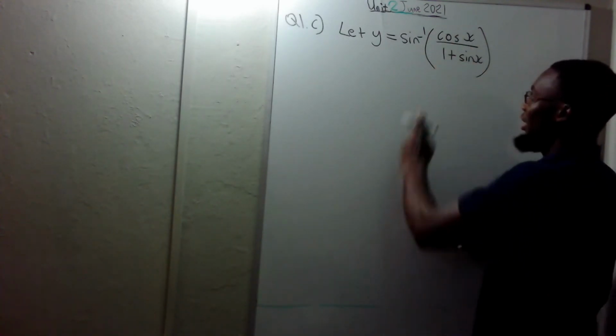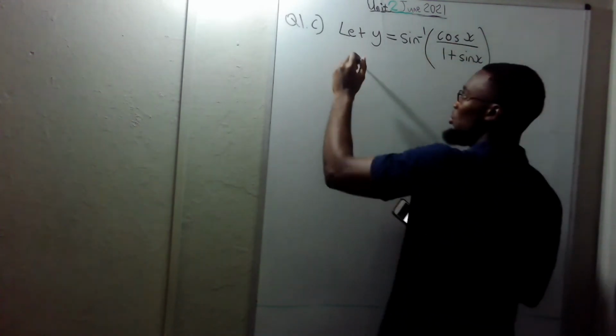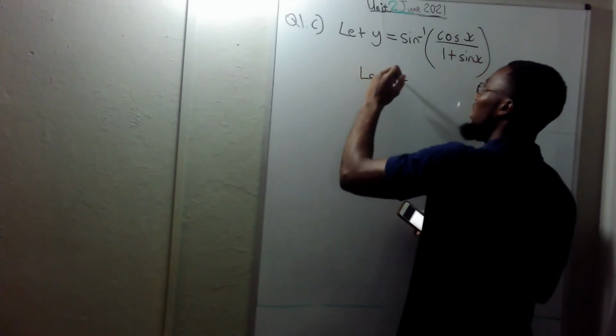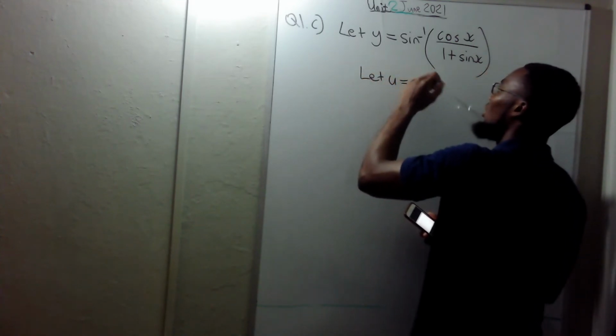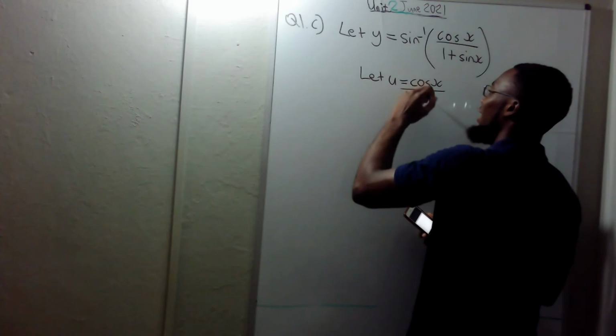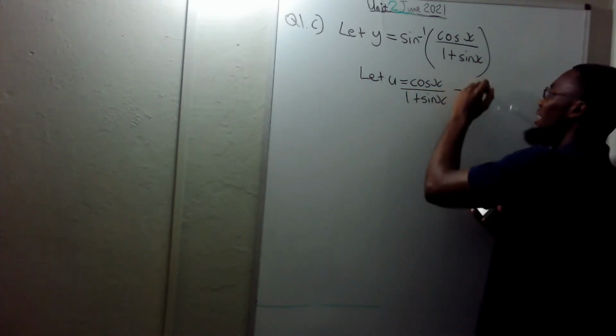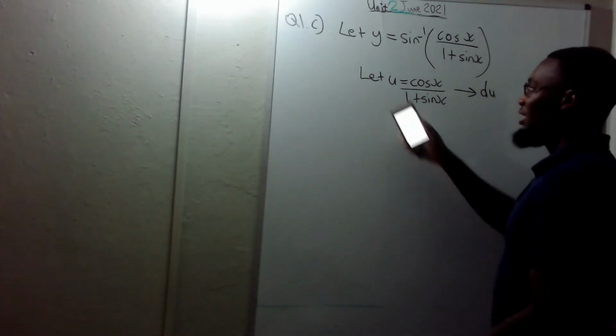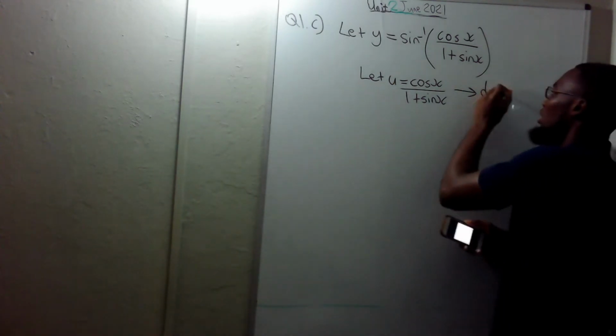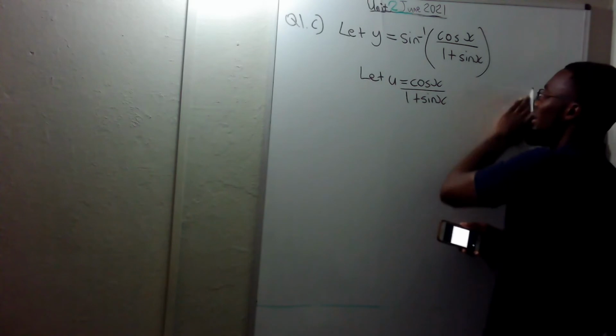So look at this. If we call inside this bracket u, let u be equal to cos x over 1 plus sine x, right? If we call that u, then that would mean that we can find the derivative of u, du.